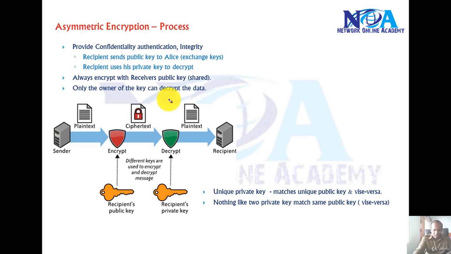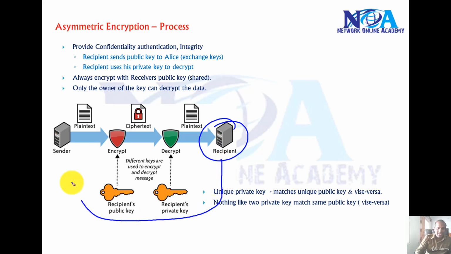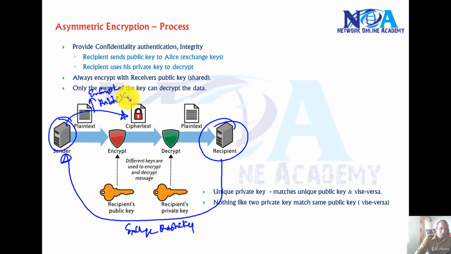Initially, the recipient is going to exchange his public key with the sender. Whenever the sender is sending information to this recipient, he is going to encrypt the data by using the public key which is known by the sender.